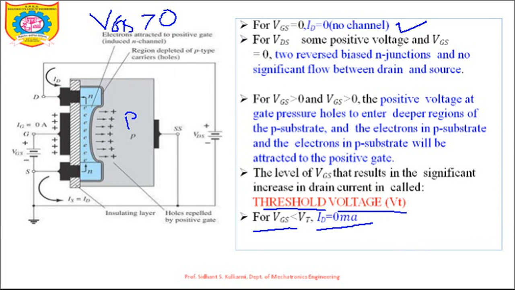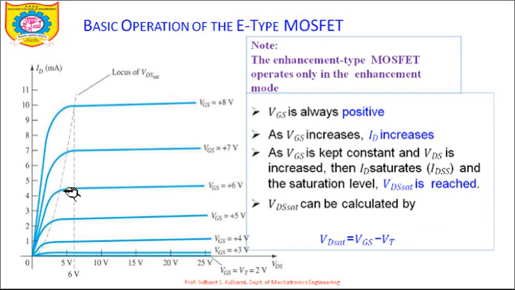Okay, now we'll see the characteristics for VGS. Now we are understanding the enhancement type MOSFET. Remember, VGS is always greater than 0, it has a certain positive value. For the different positive values of VGS, if we draw the characteristics curve between VDS and ID, it will look something like this. For VGS equal to 3 volt, let's say the curve shows a very slow increase in the ID current.